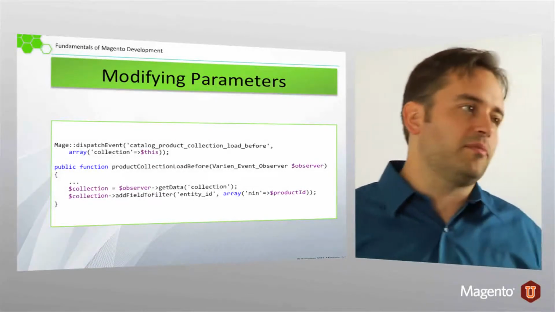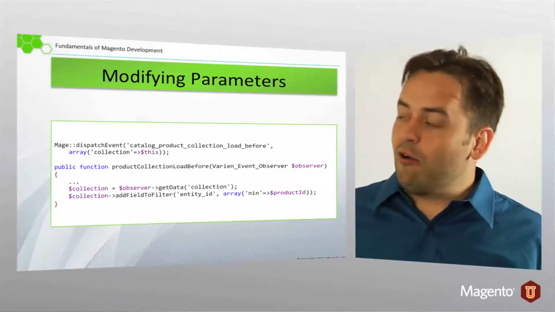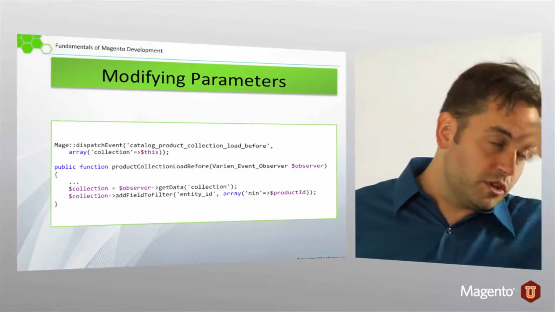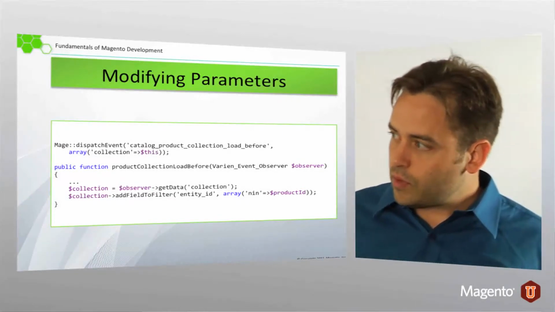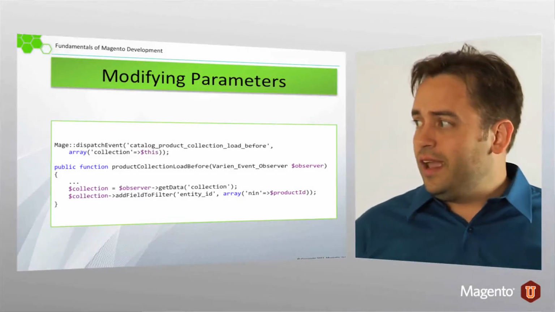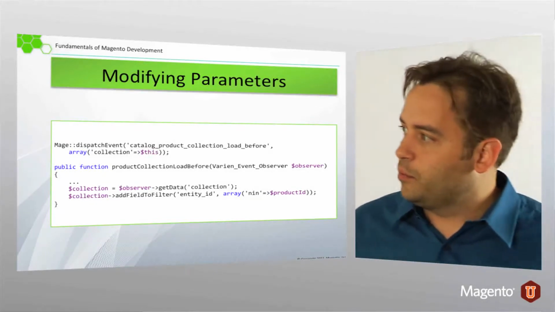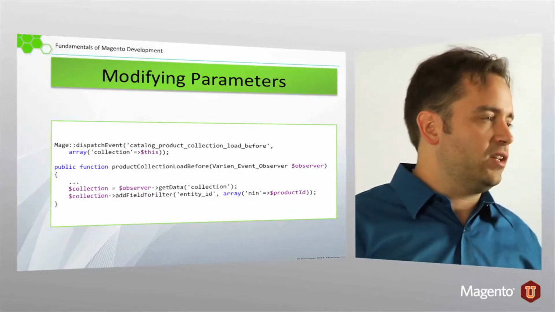This would probably be taking place in a collection object somewhere. Then inside our method, which is fired, we will receive the observer object. We'll get the data from our collection, and here we're actually adding an entity ID. So we're altering that collection somehow.